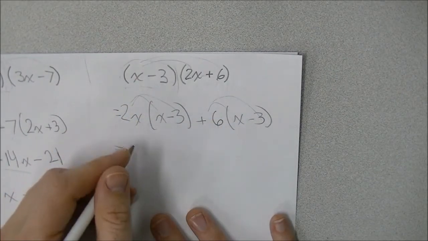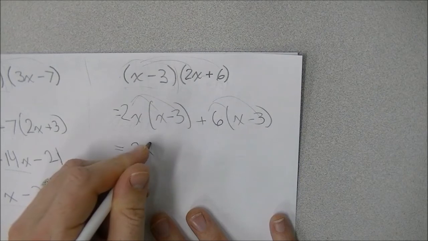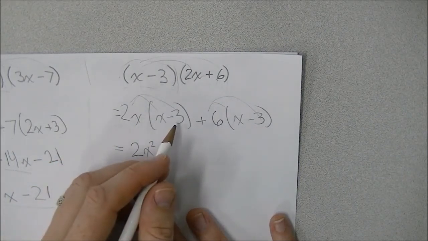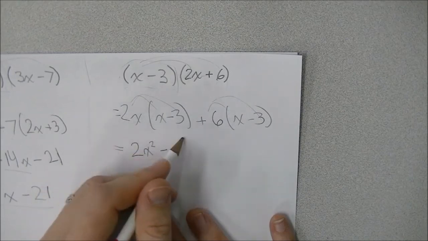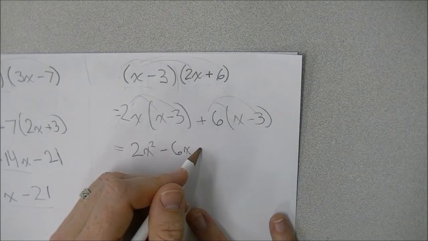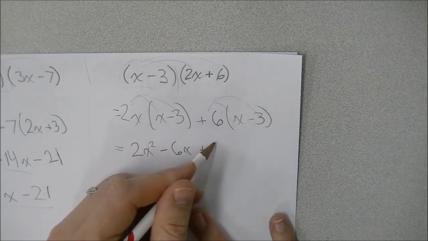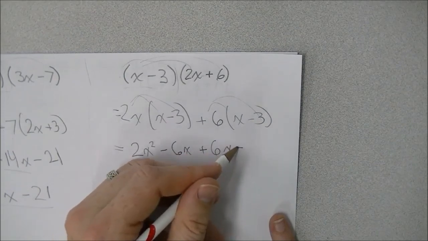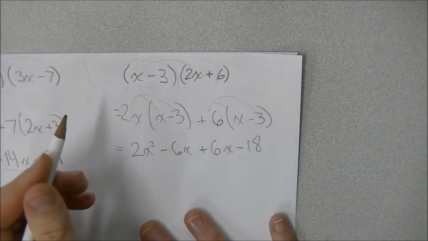So we have 2x times x is 2x squared. 2x times negative 3 is negative 6x. Now we have 6 times x, so that's plus 6x. And now we have 6 times negative 3, so that's negative 18.